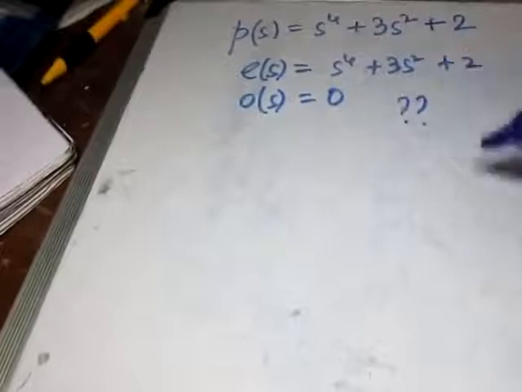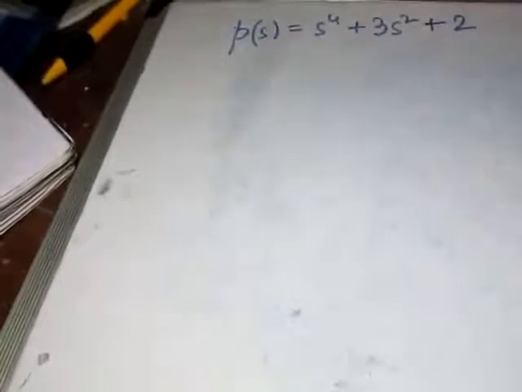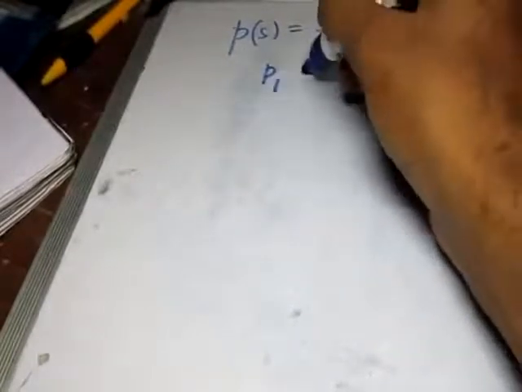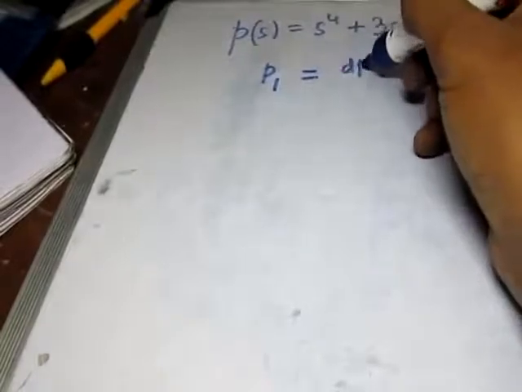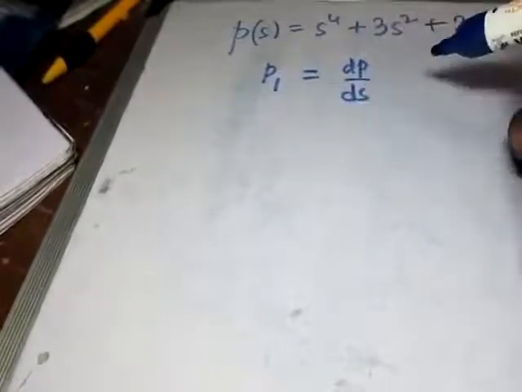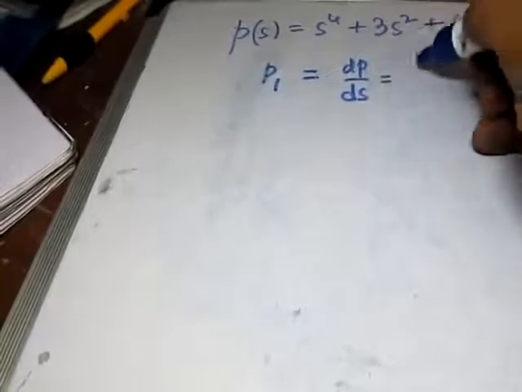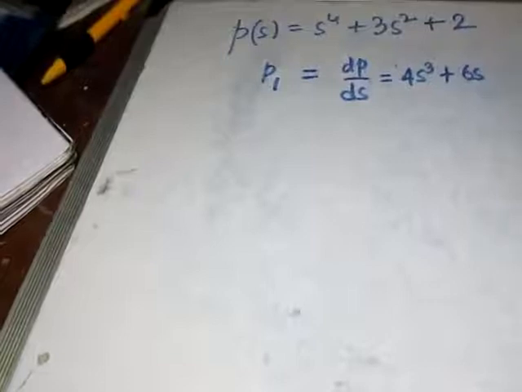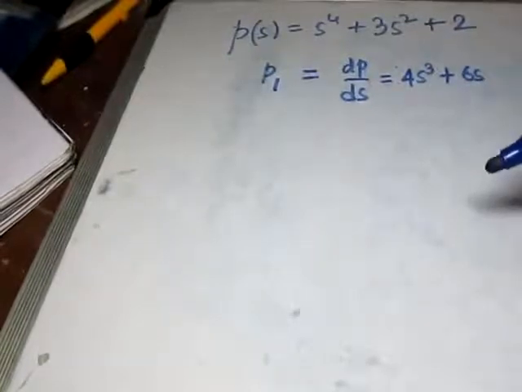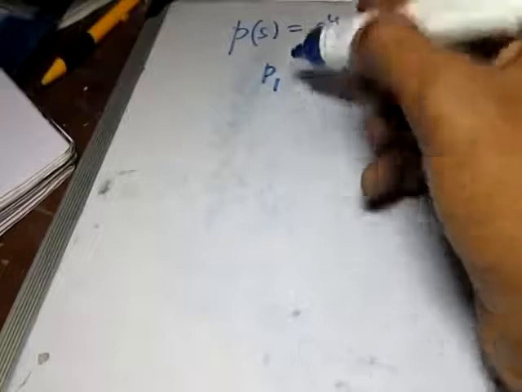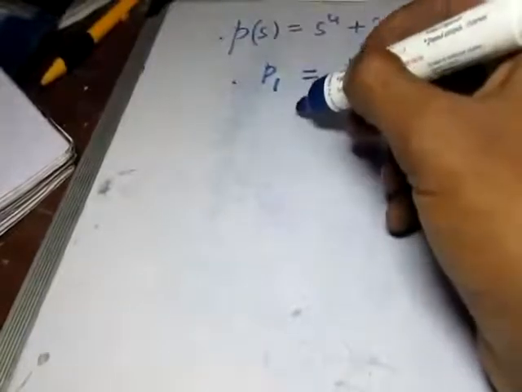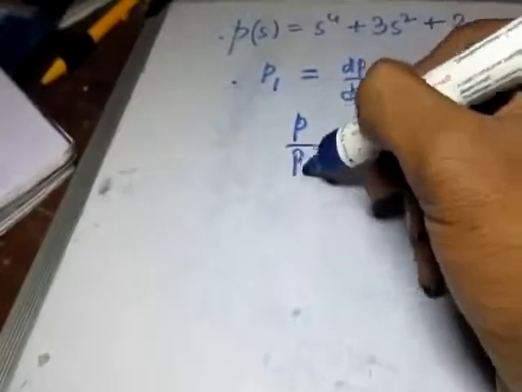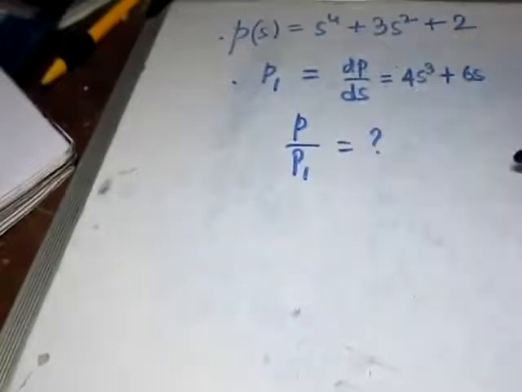So how will we proceed in this case? What we do is we find another polynomial, let's say P1 equals the derivative of P. So this becomes 4s cube plus 6s. Now we will test P by P1 for positive residues.